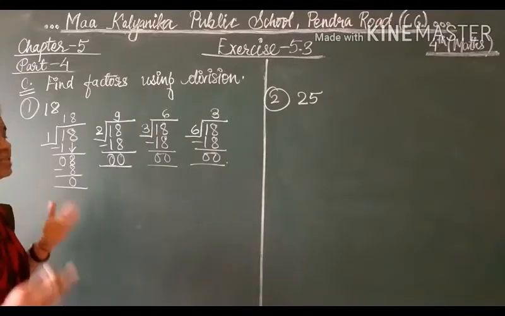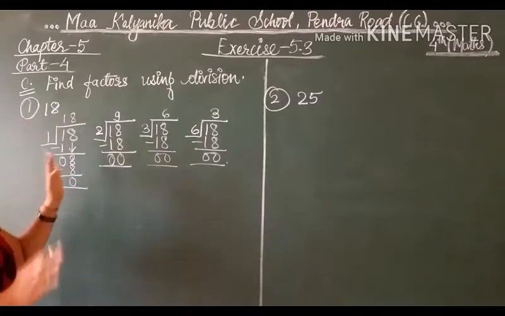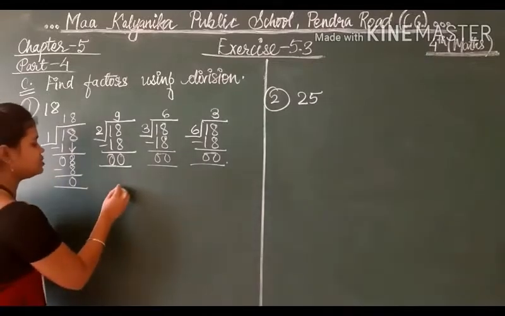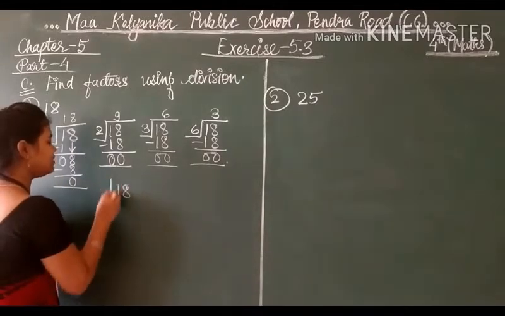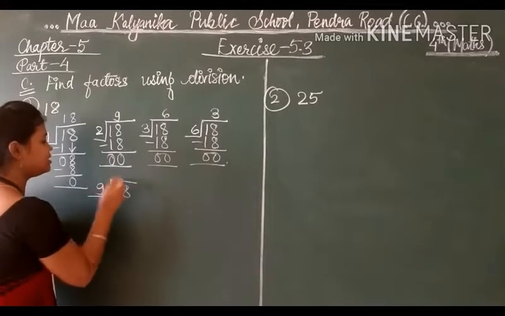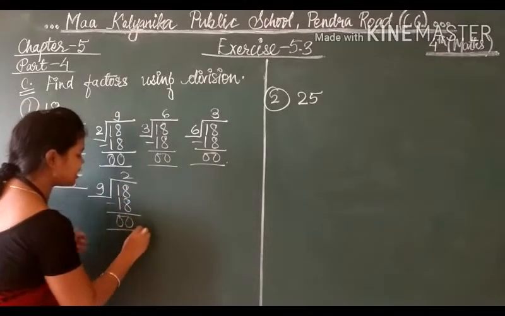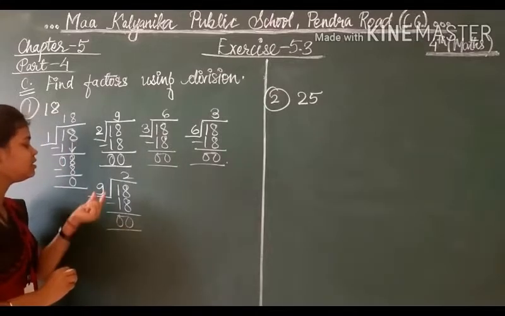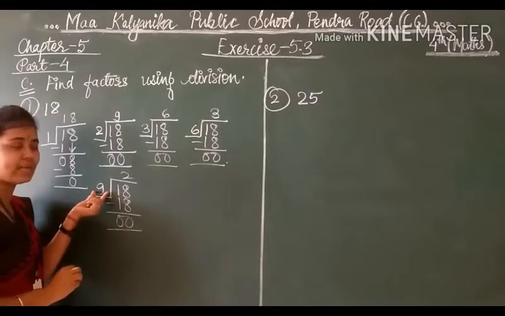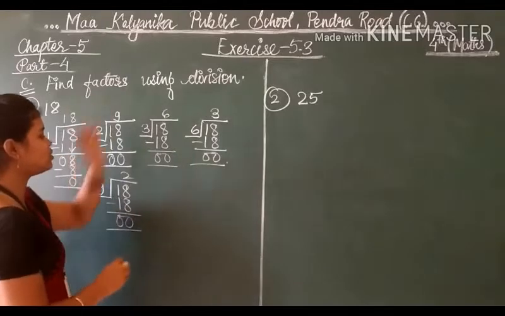No. 8: 8 ones are 8, 8 twos are 16. No. Then 9, table of 9 we can check. So 18 divided by 9. 9 twos are 18. So 18 minus 18 is again 0. 0 is the remainder, means 18 is also exactly divided by 9, means 9 is also a factor.